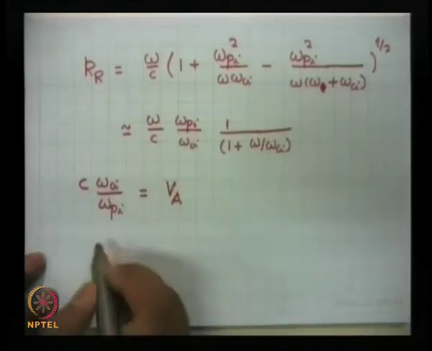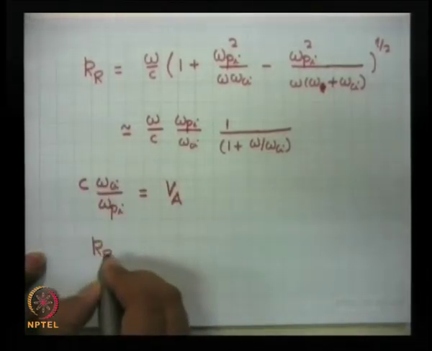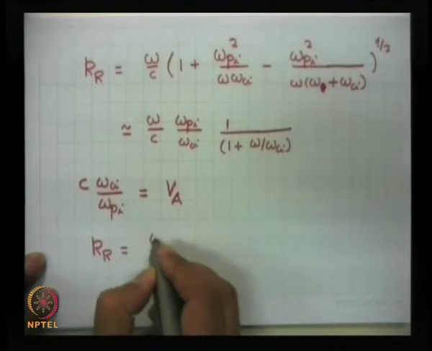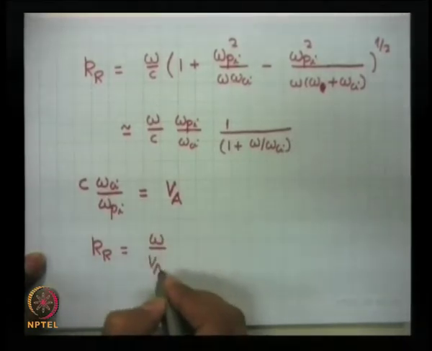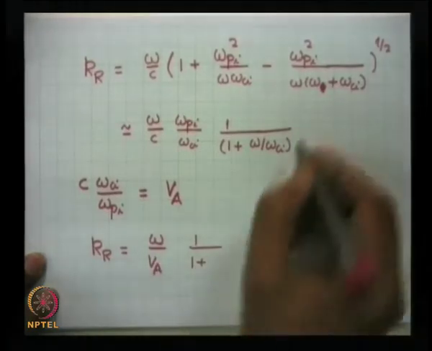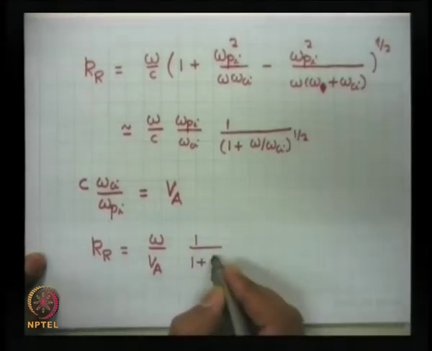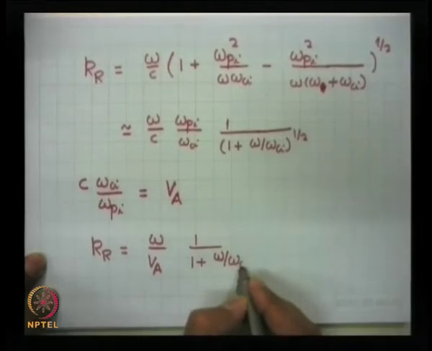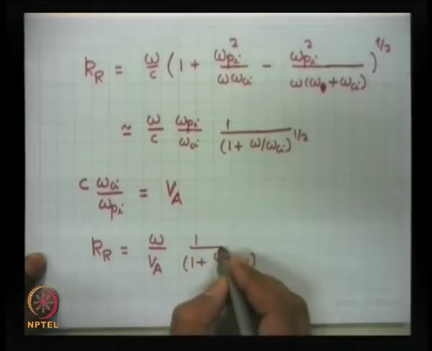So, then my wave number kr can be written as omega upon v Alfven into 1 upon 1 plus omega upon omega ci, to the power half.